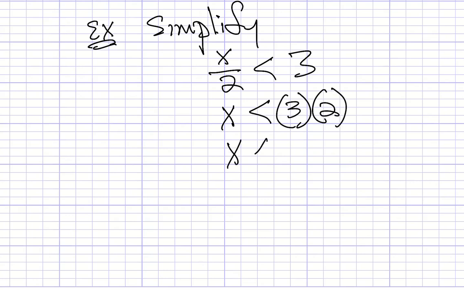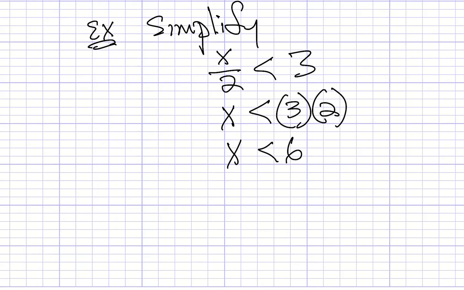That means x is less than 6, right? But there is a rule though. If you move things around and multiply by a negative number, you switch the sign of the inequality. But I think it's too much for this course. We'll get into that later in another course.